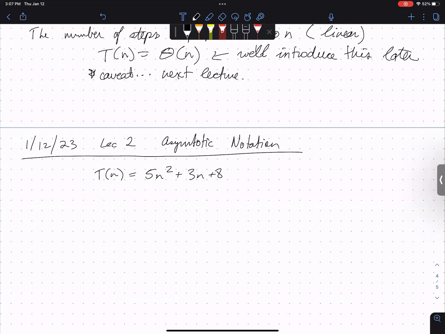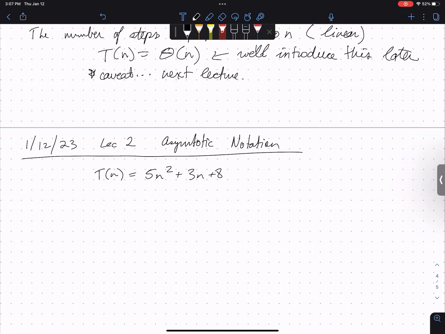What we're after is how that number of steps scales with the input size. In other words, if I double the input size, what happens to my running time? And this kind of level of detail really obscures that. It really hides the forest when you're down looking at the trees.